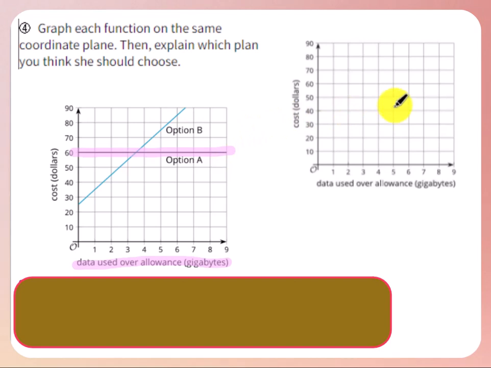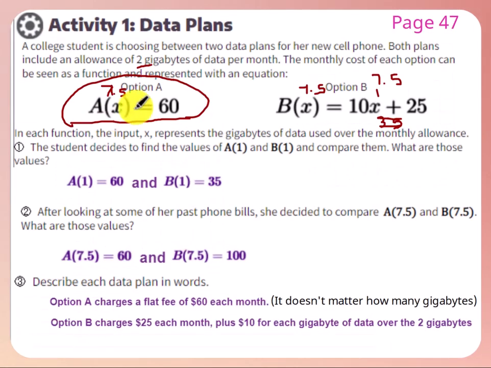So for option B, let's go back and look and see what option B was. Option B is going to start at 25, and for each additional gigabyte over 2, it's going to be 10 times that amount.